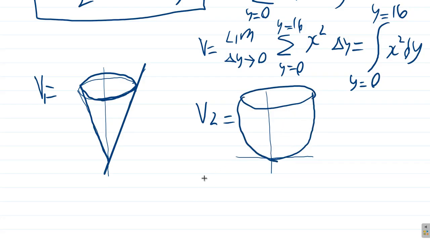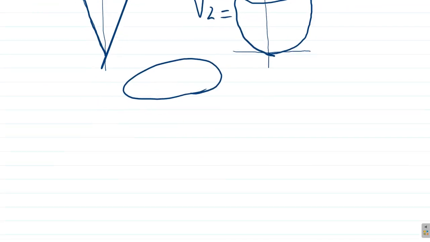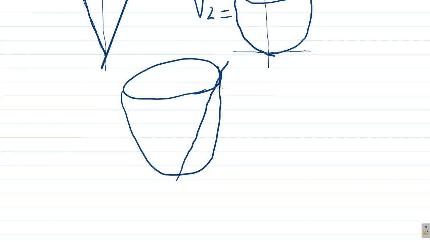So if we put them together, what we have is the volume, that bowl formed by the curve, right? And this volume here. So we would be looking at the whole volume of the bowl and removing the volume of a cone inside, right?